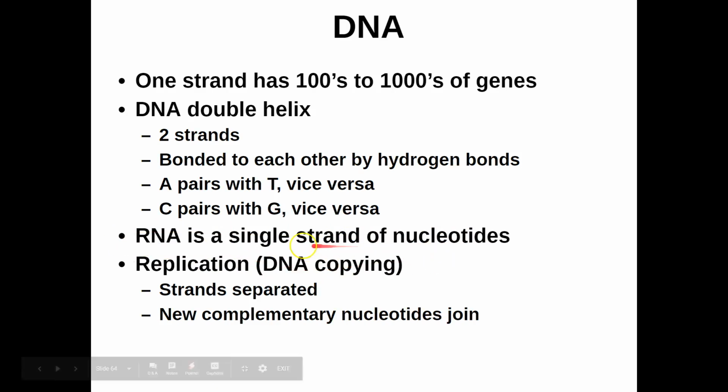It writes down, if you will, a little copy of the information it needs. DNA also needs to replicate itself. The strands basically separate, and the new complementary nucleotides will join in the process of mitosis.